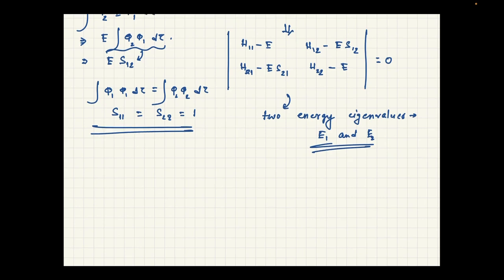Now here, we have a 2 cross 2 secular determinant. If by some assumption all the off-diagonal terms become 0, or we can make this matrix sparse, then it will be easily solvable. For a higher dimensional matrix, if we can make some matrix elements 0 or make the matrix sparse, then we can easily solve it.